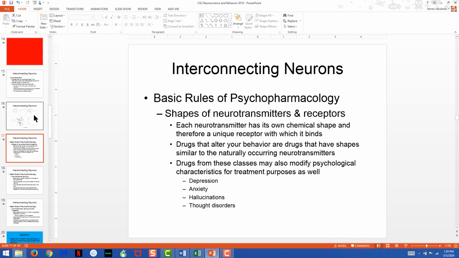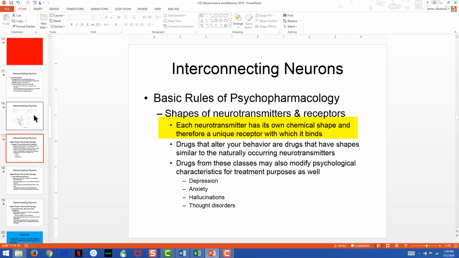So when you take a look at a neurotransmitter, obviously the neurotransmitter is going to have some particular chemical shape. And because the neurotransmitter at any one synaptic gap is going to have a complementary shape to fit onto the receptor in that same area, you're going to restrict the size and shape of the neurotransmitter to fit the receptor in that area.